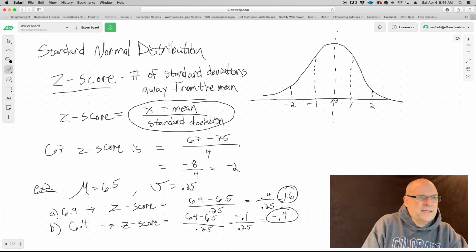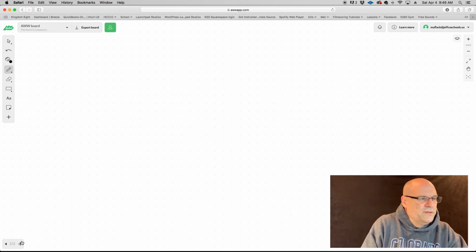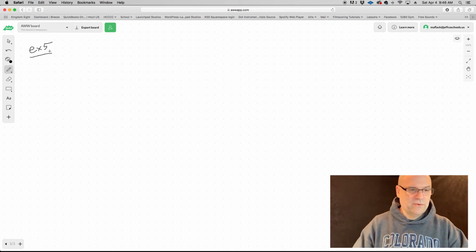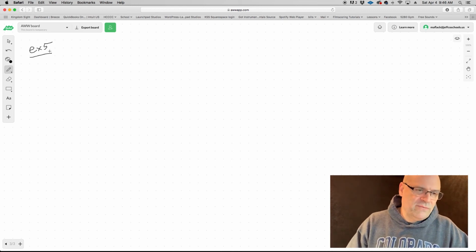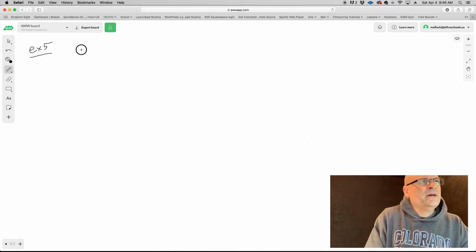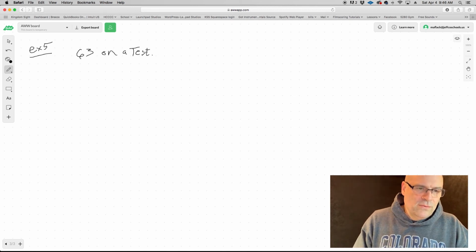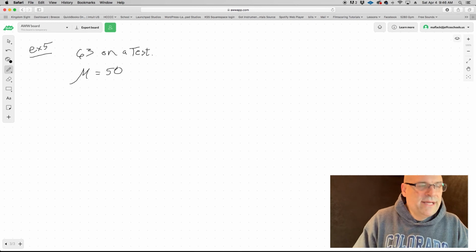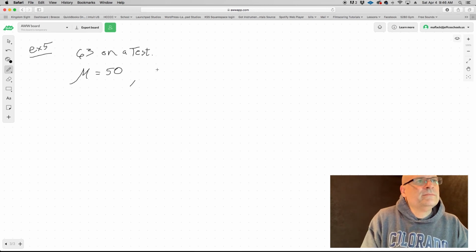So let's look at example 5 and then we'll call it good for the day here. Example 5, I'm just gonna read it. Student A received a score of 63 on a test where the scores are normally distributed with a mean of 50 and a standard deviation of 8.